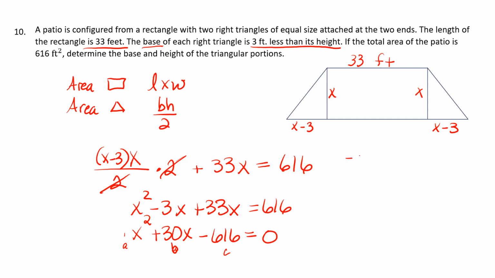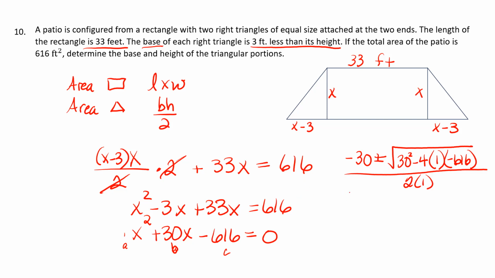We have negative b plus or minus the square root of b squared minus 4ac, all over 2a. So that's negative 30 plus or minus the square root of 900 plus 4 times 616, which is 2,464, all over 2.